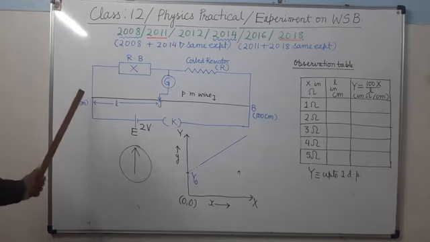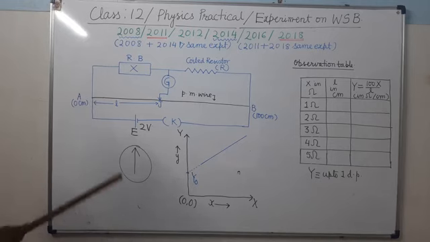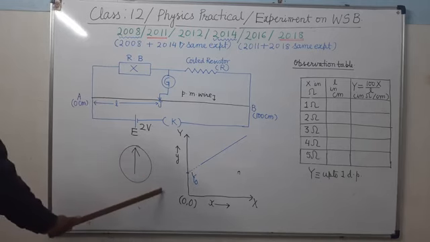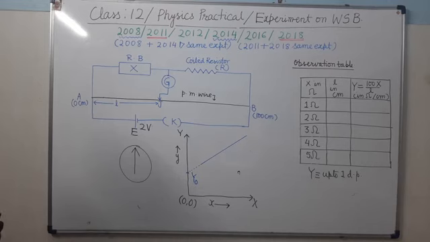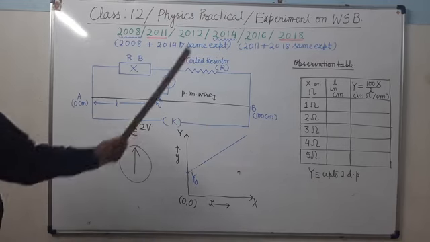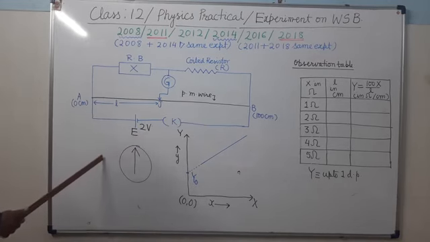Suppose you touch the end A and it deflects in clockwise direction. Then on touching at the end B, it should deflect in anti-clockwise direction.